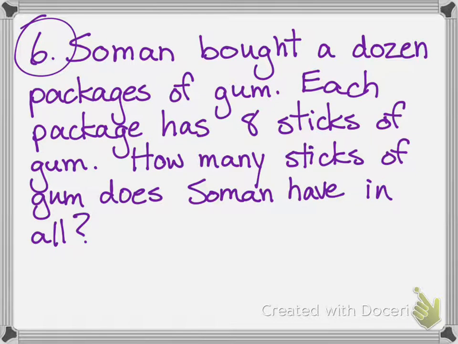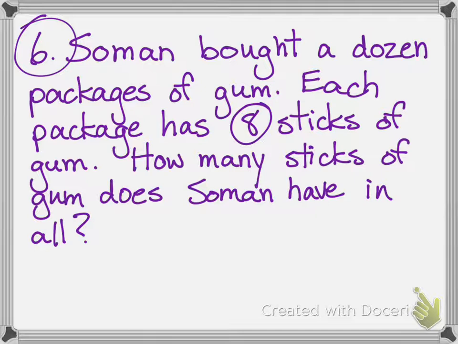All right, here's what I want you to look for. I want you to look for the 2 numbers that we have to use. So pause the video until you have the 2 numbers that this question tells you about. Okay, here's one number, 8. We know there's 8 sticks of gum in every package.